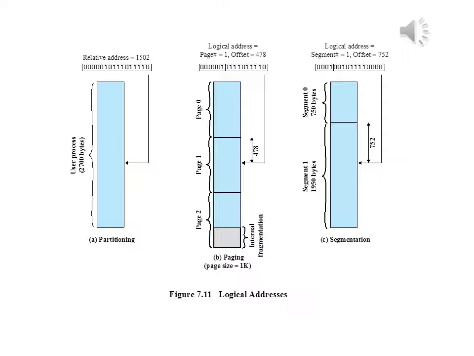Use the page number as an index into the process page table to find the frame number k. The starting physical address of the frame is k times 2 sub m, and the physical address of the referenced byte is that number plus the offset. This physical address need not be calculated. It is easily constructed by appending the frame number to the offset.